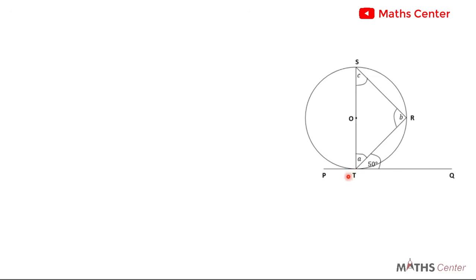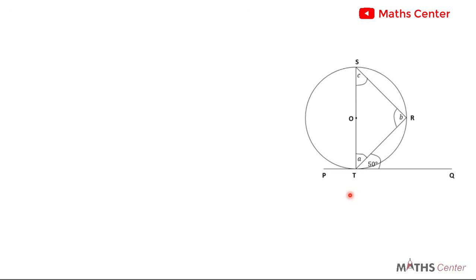So if PQ is a tangent to the circle at the point T, the line TR, which is a chord, so TR is a chord, there's an angle created between TR and PQ, which is the tangent. We know a property about angles created between a chord and a tangent at the end of the chord, so we can use that to find. We also know that the angle that a diameter will create at the circumference of a circle is equal to 90 degrees, so we can also use that.